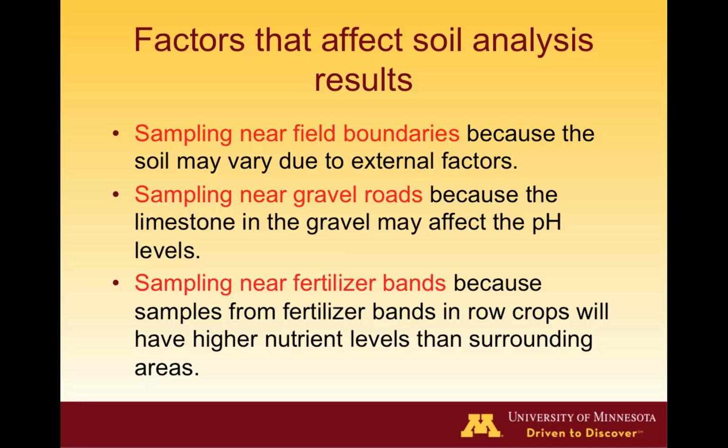And sampling near the fertilizer beds should also be avoided, because the samples from fertilizer beds in row crops will have higher nutrient levels than the surrounding areas where you don't have direct fertilizer mixed into the soil.